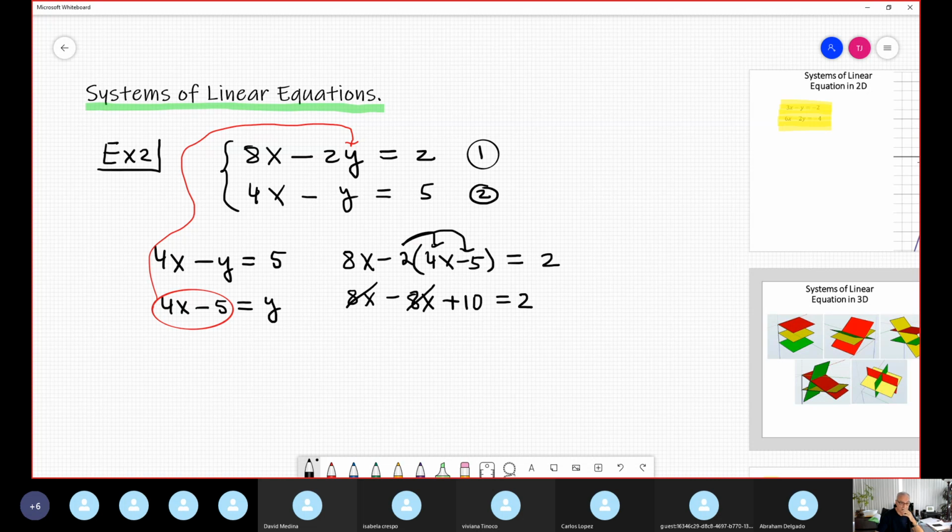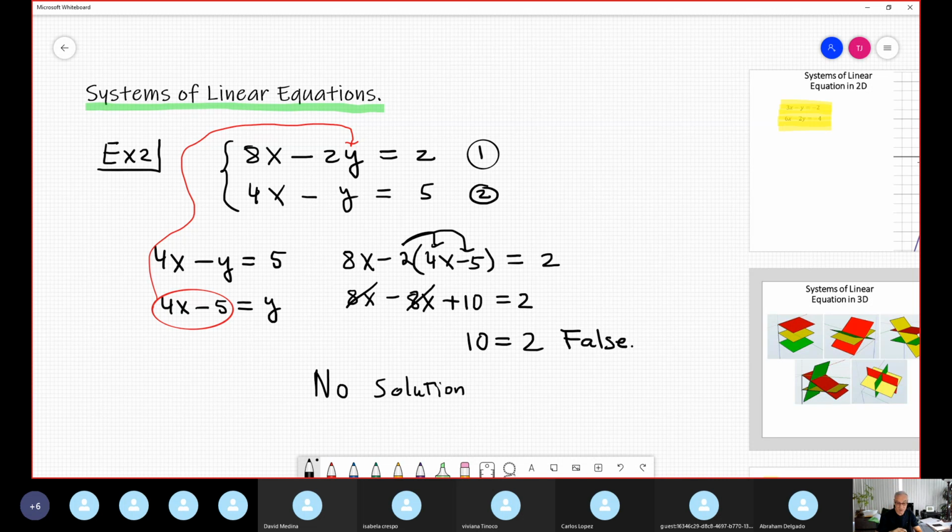However, the system doesn't allow me to solve it because the variable disappears, and you get a completely false statement. So what is the interpretation? Well, the interpretation is that this system has no solution. Okay, algebraically, when you try your best but cannot solve it, and you get a false statement in the final answer, it is because the system has no solution.